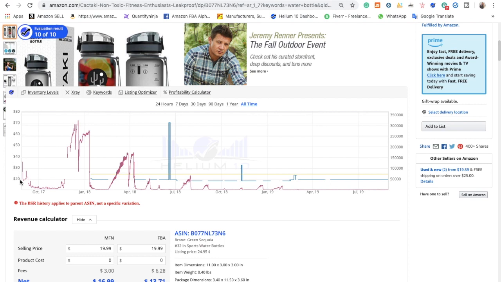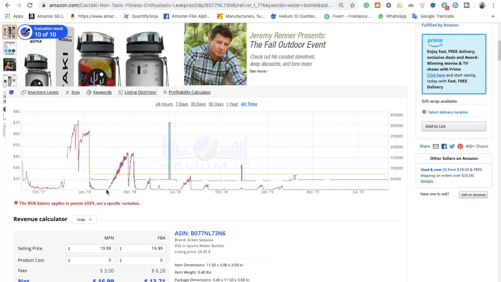Now, what this graph shows us is the red line is the bestsellers rank. Remember, the lower the bestseller rank, the more they're selling. Blue line is the sale price, and the yellow line is the list price. So this is a product that sells all year round. I wanted you guys to see this because suddenly here the bestseller rank starts to go up, but there is no blue line.